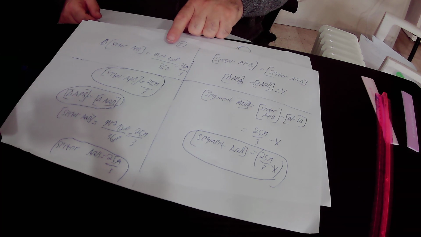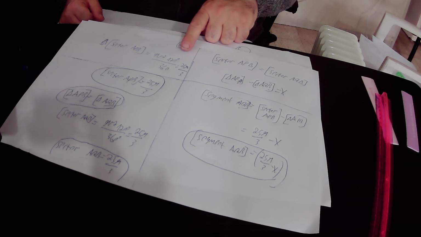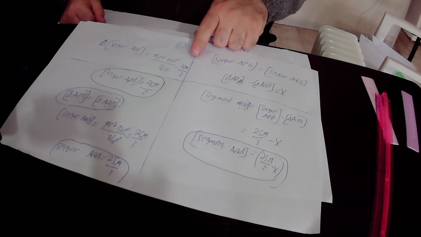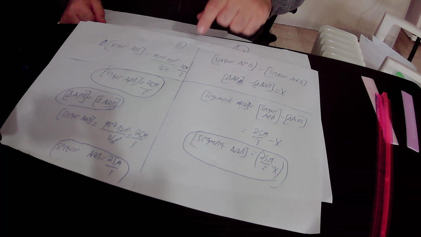R equals to 5 units, so r squared is 25. So here we will have 25 pi times 120 degrees over 360 degrees is 25 pi over 3 square units. So we found out that the area of sector APB equals to 25 pi over 3 square units.